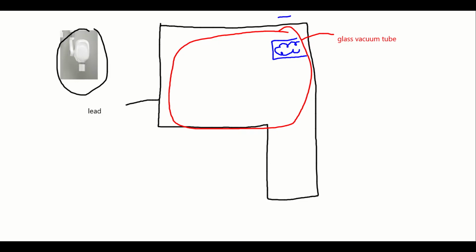It's the negative side of the tube head, and that is called the cathode. C-A-T-H-O-D-E, cathode. Okay, the negative side of the tube head.